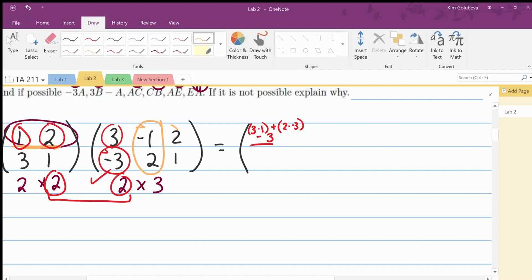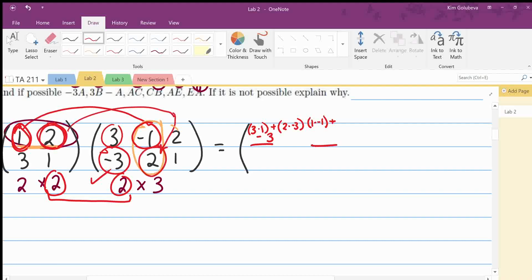So next thing that we're going to do is find our second entry here. So our second entry is going to be 1 times this negative 1. Okay, so 1 times negative 1 plus 2 times our 2 here. So 2 times 2 plus 4. Okay, so we end up with 3.